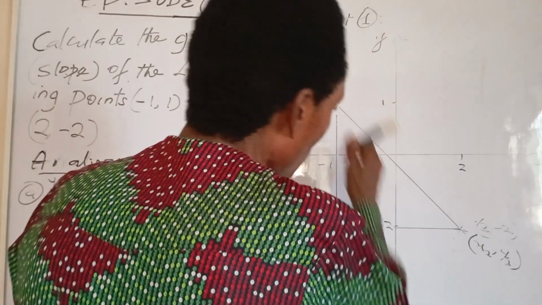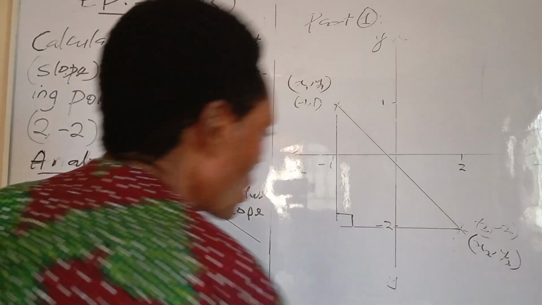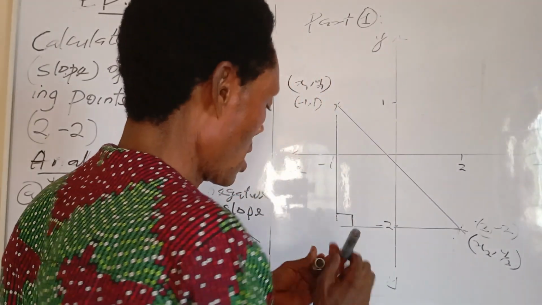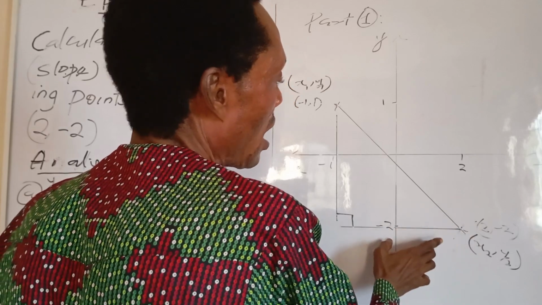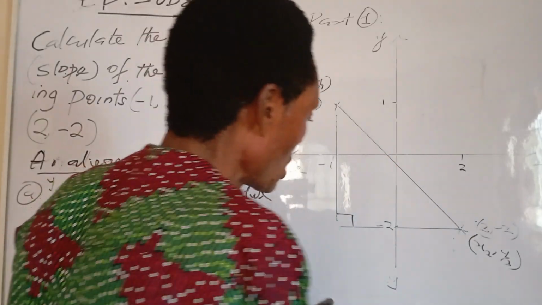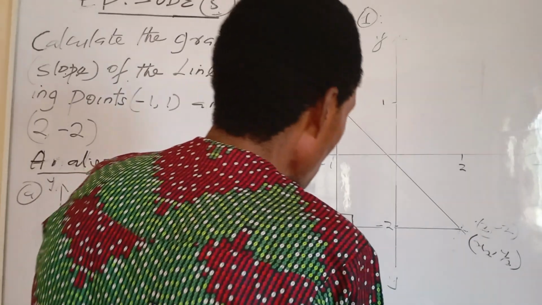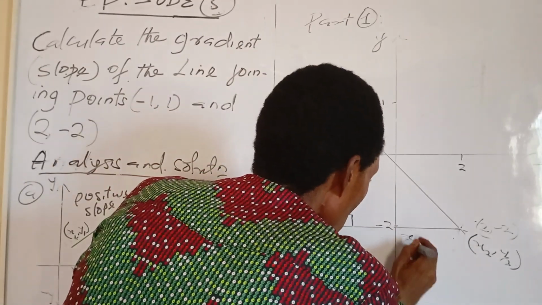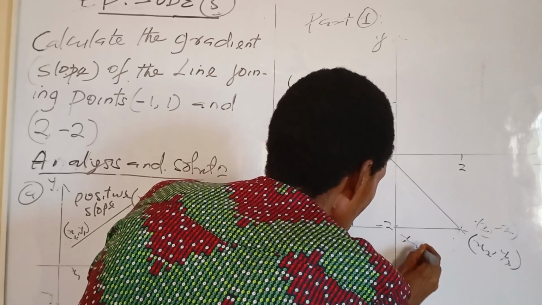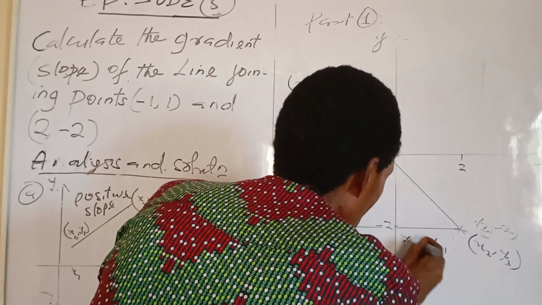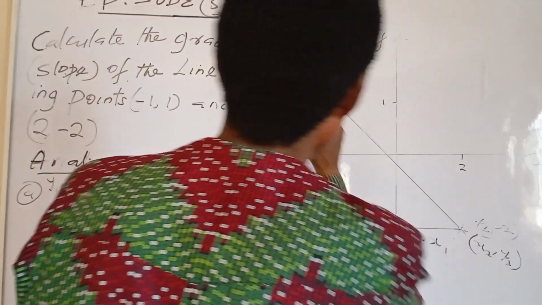For you to calculate the difference, here will be your x, because this horizontal line is parallel to the x-axis. So the difference between here and this place will be X2 minus X1.